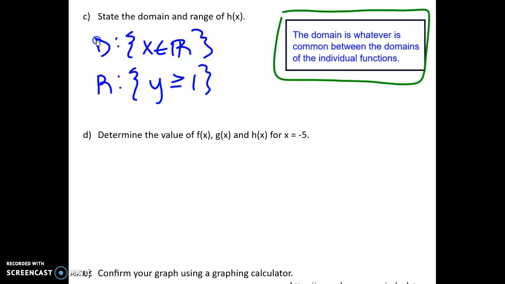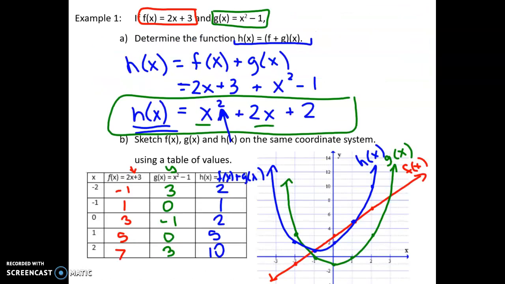So if you look, we said our new domain for h of x is an element of reals. But if you look at our other two functions, so the line, the domain is an element of reals, and the green parabola, the domain is an element of reals. So since both of those domains are an element of reals, your new domain is also going to be an element of the reals.